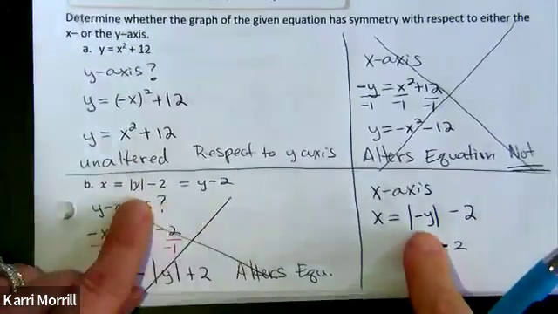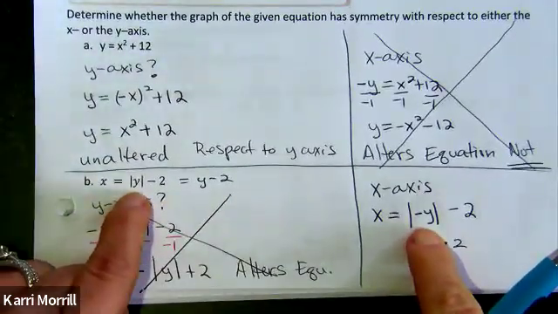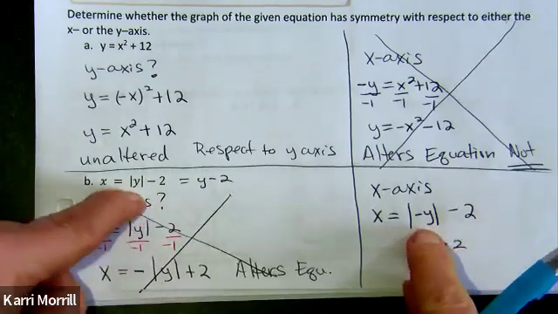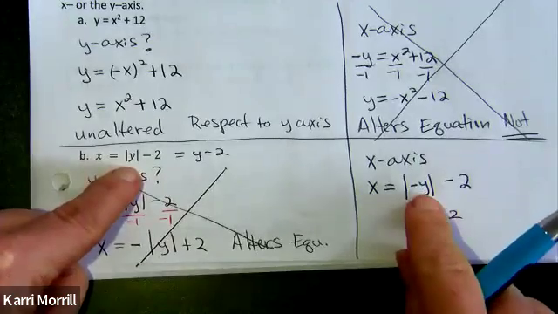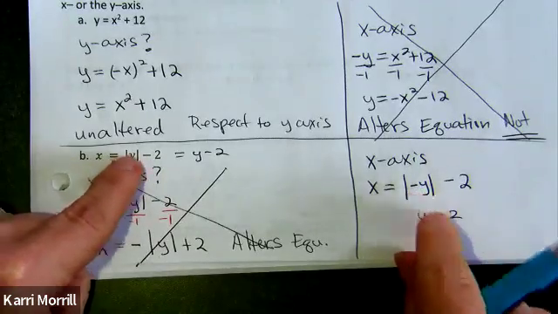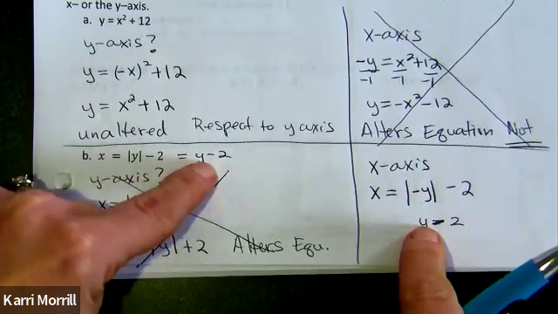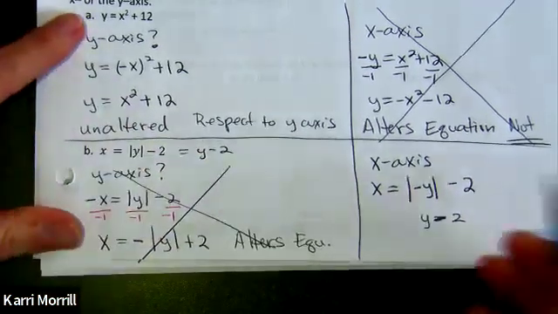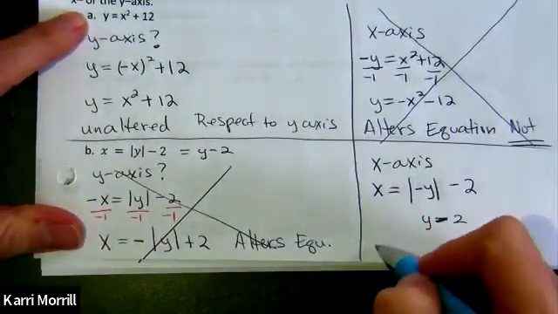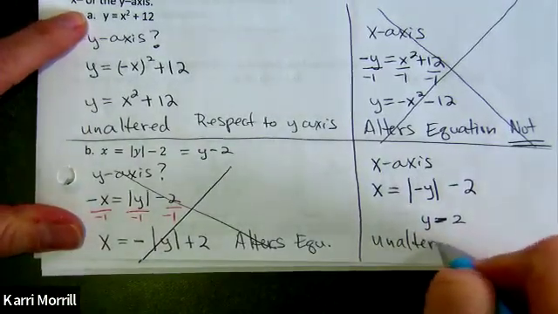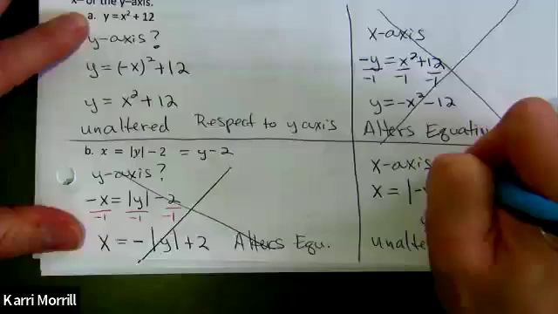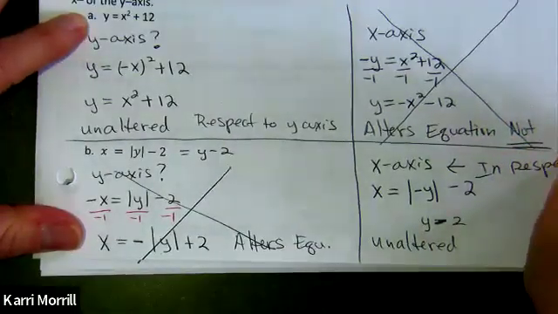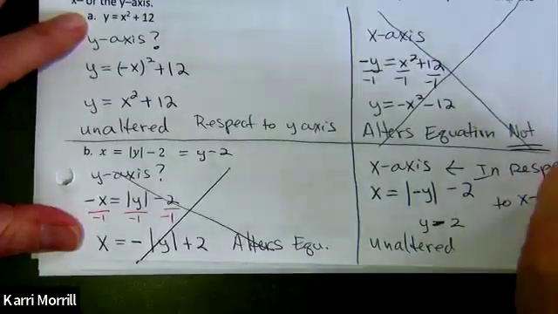So by putting a negative inside the absolute value bracket for this one, just remembering what that means, a little bit of a review, if you simplified them in that next step, they both still look exactly the same, right? So it does not alter the equation, it's unaltered. So we would say it's in respect to the x-axis.